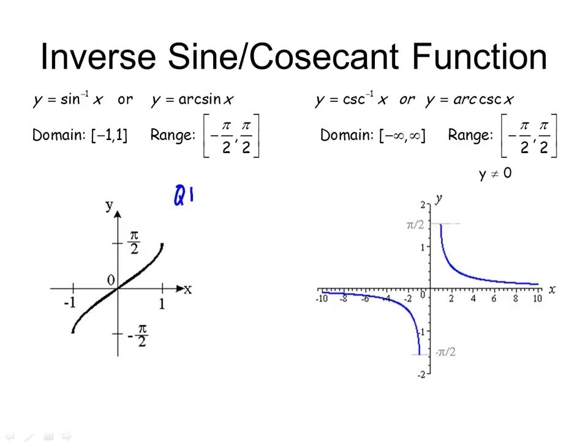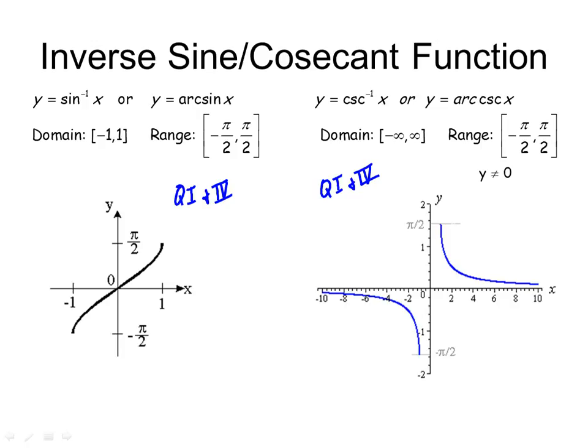Quadrants 1 and 4. All right, and then you have your cosecant. Your cosecant is the same thing. It's going to be quadrants 1 and 4. Or the range is going to be from negative pi over 2 to pi over 2.